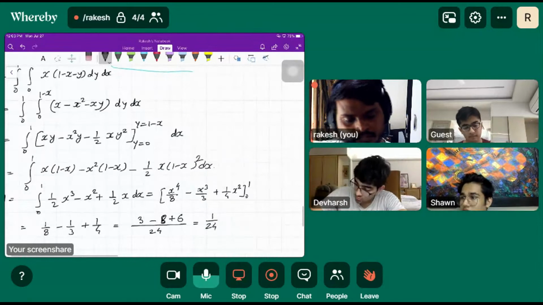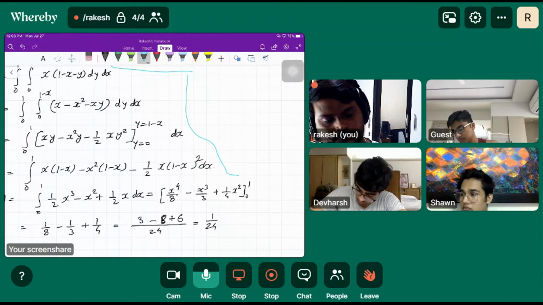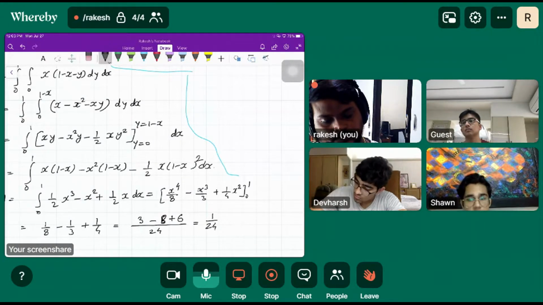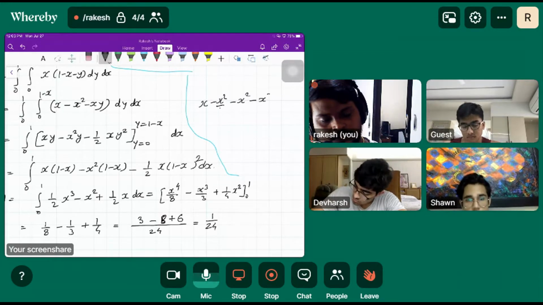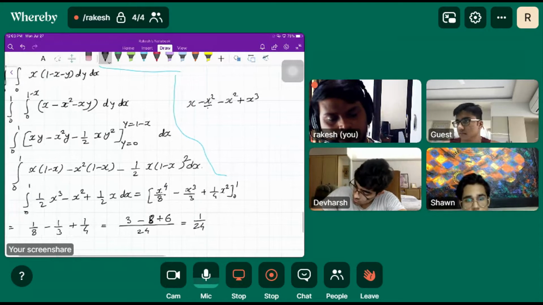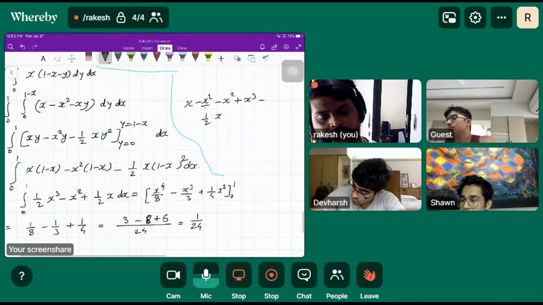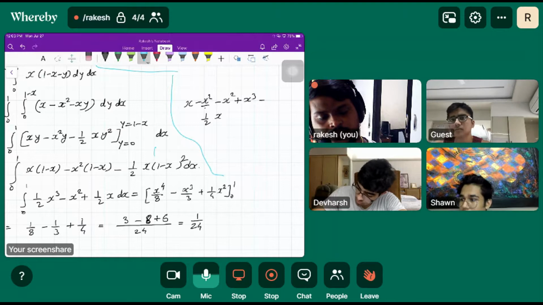So if we simplify this, x minus x square, plus x cube, minus half x. Okay, so this is 1 minus x plus x square.